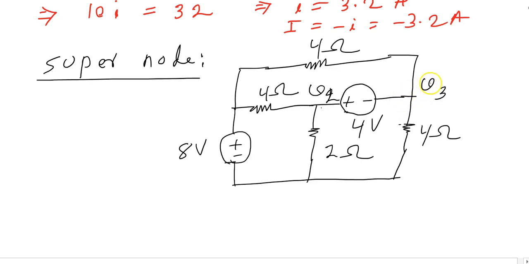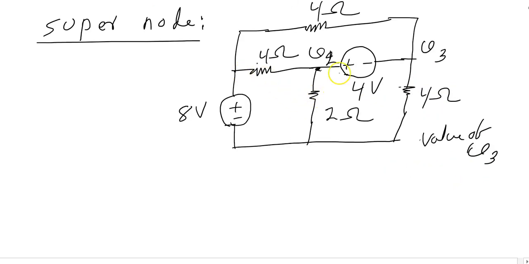What is the value of V3? See here, the nodes V2 and V3 have a voltage source connected between them. So I'll write KVL for these two nodes. So V2 minus V3 equal to 4 volt.